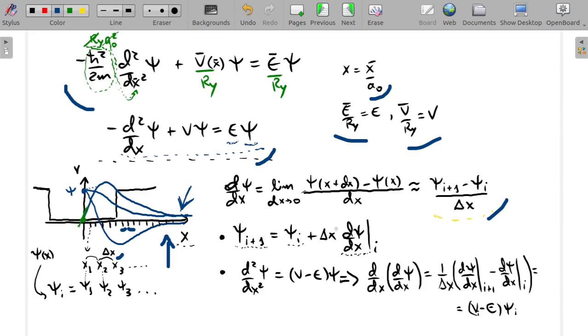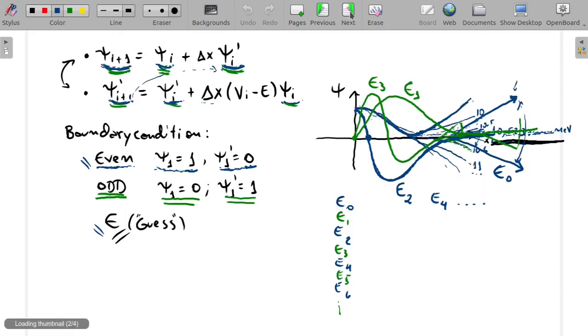In the end, you get a recursion pair of equations that allow you to obtain the wave function and its derivative. You obtain them for the i+1 point in your axis using the values that you have for the i point in that axis.